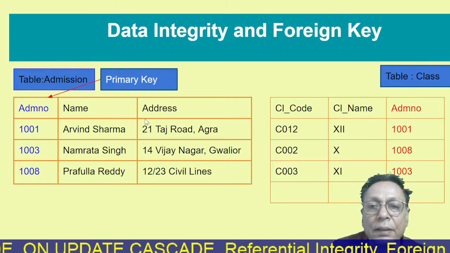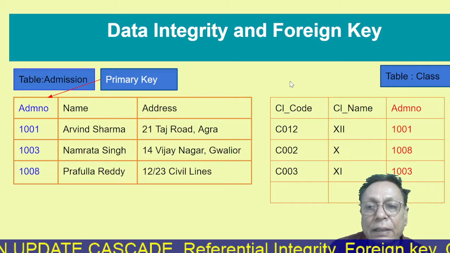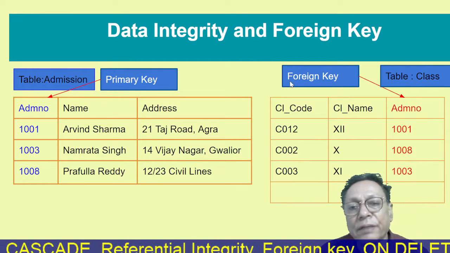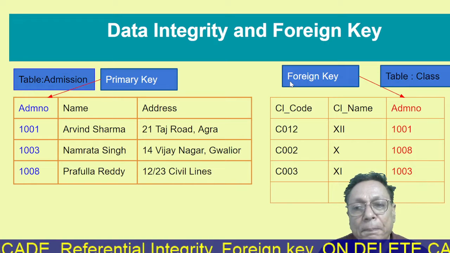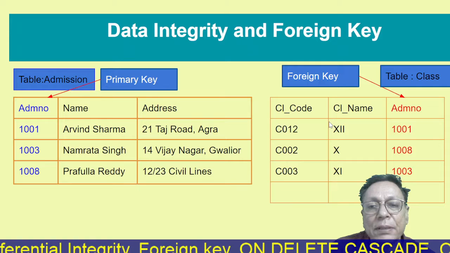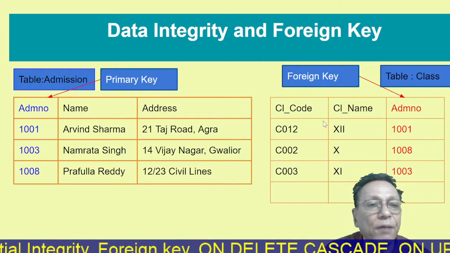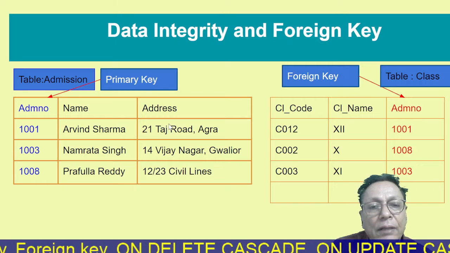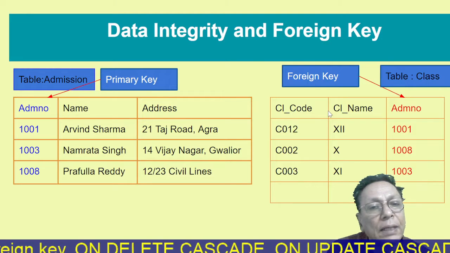So here, the admission number in the class table is referred to as the foreign key, since the class table is getting its reference from the admission table, and the admission table is giving the reference to the class table.